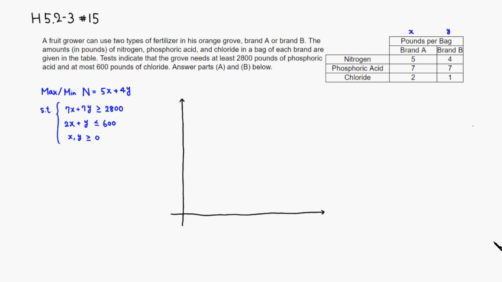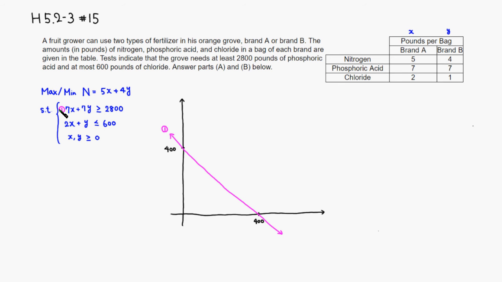I'll put 400 around here, and the y-intercept is of course 400 too, right here. Then we have to go through those two points, so the boundary line is going to look somewhat like that. So that's the first one.